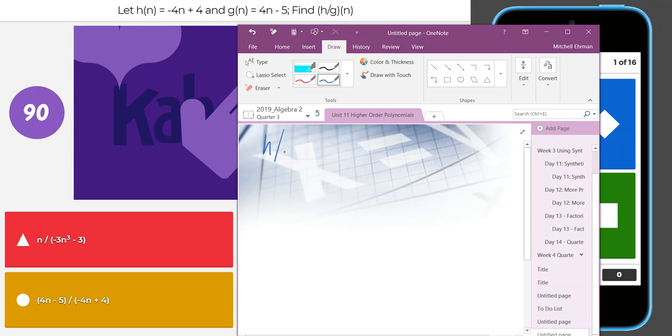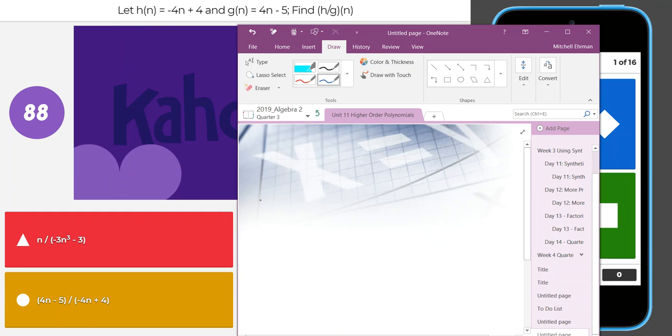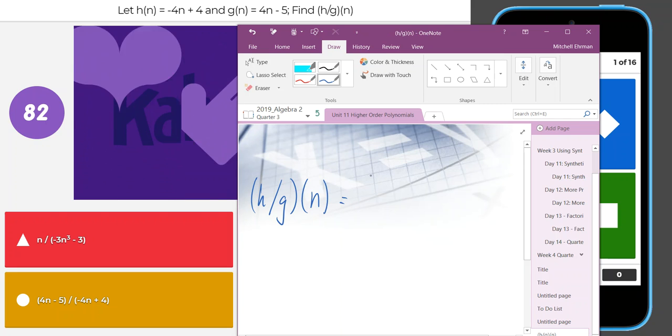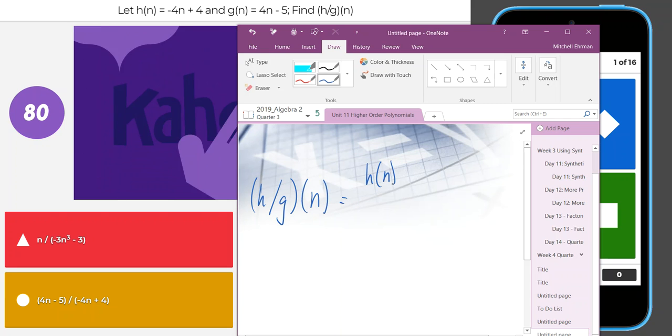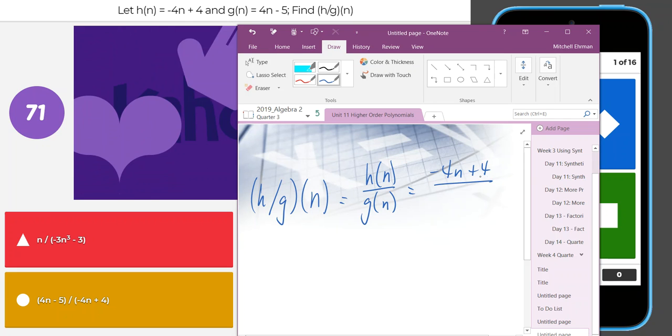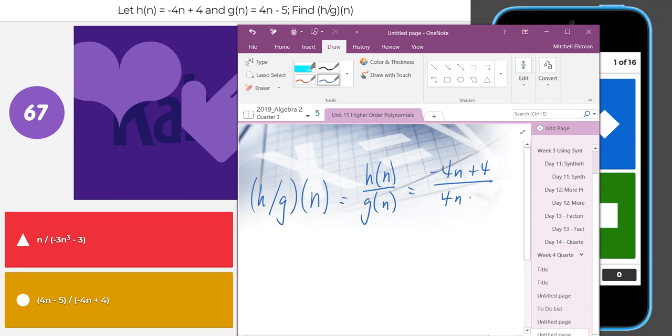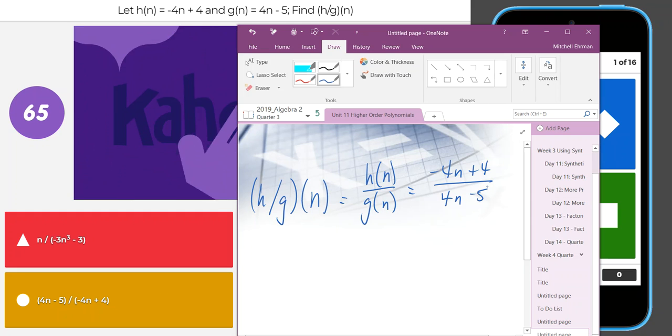If h divided by g is what we're after, evaluated at n, well then that's simply the h function divided by the g function. So h in this case is negative 4n plus 4, and g of n is 4n minus 5.